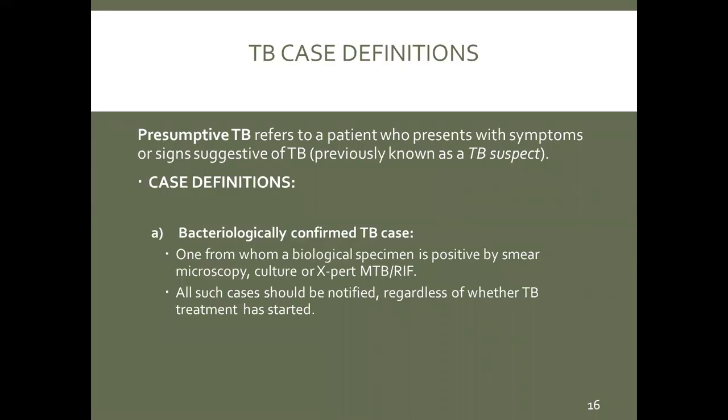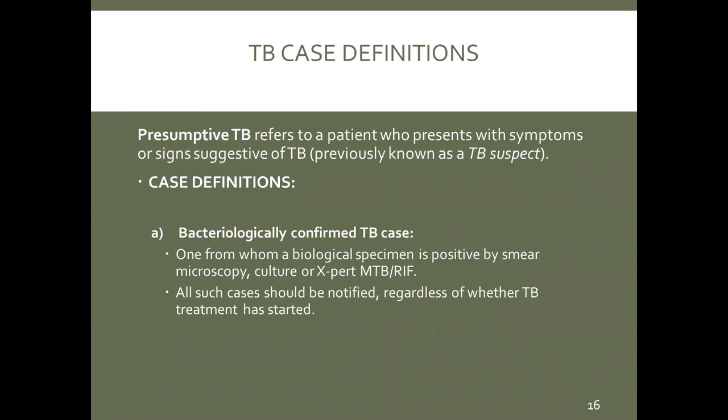A few terminologies which you should remember. One is bacteriologically confirmed TB patient. This is a person who has been declared a TB case by positive AFB, positive culture, or a positive GeneXpert from any lab.